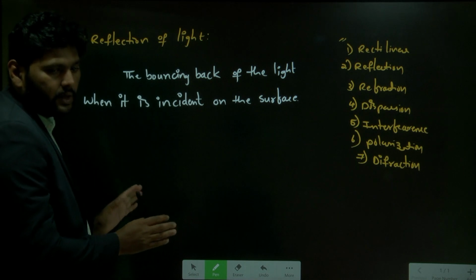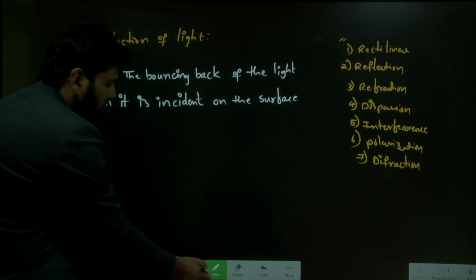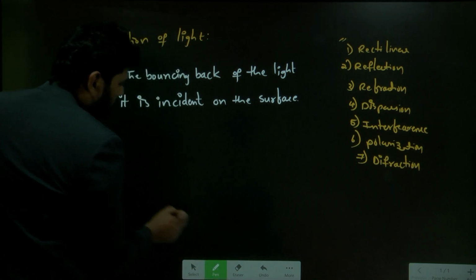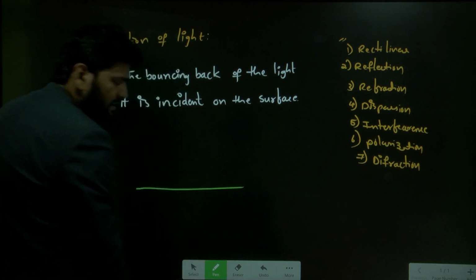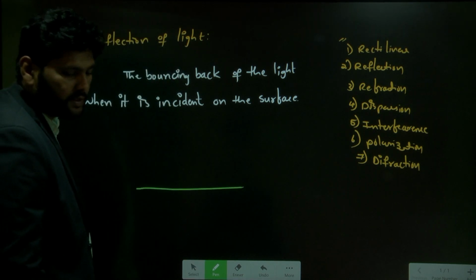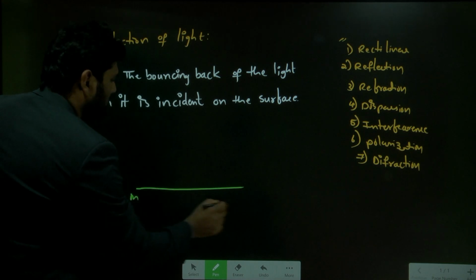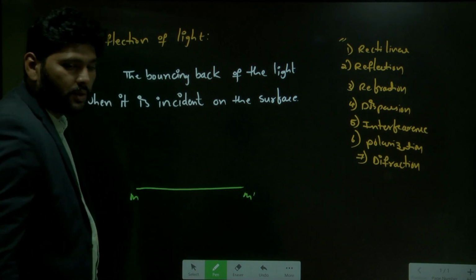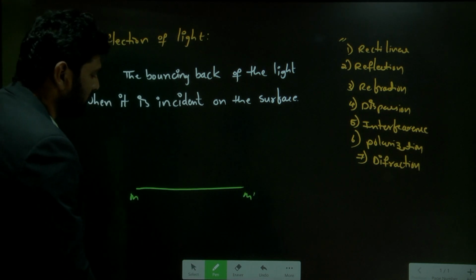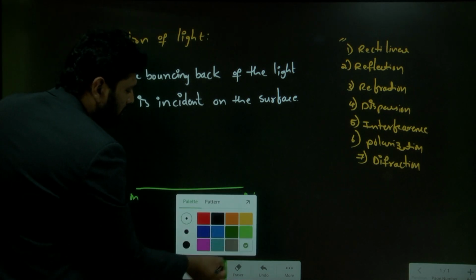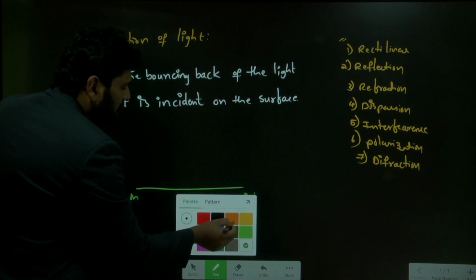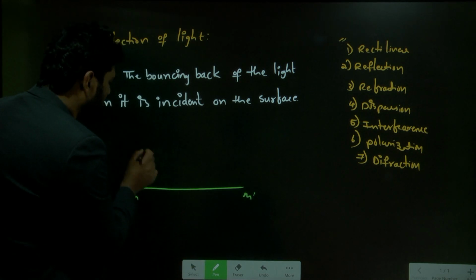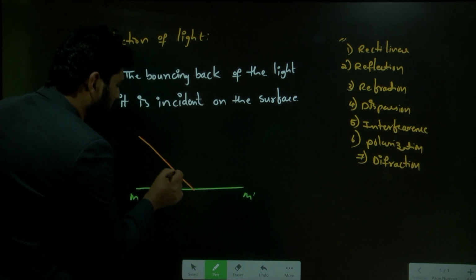For this statement, let's draw one diagram. This is your surface. Give a name for the surface, M dash. On this M dash, let us take a light ray. This is the way the light ray is incident.